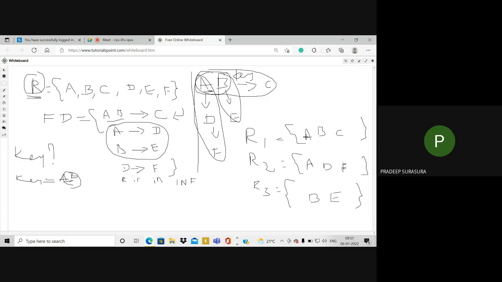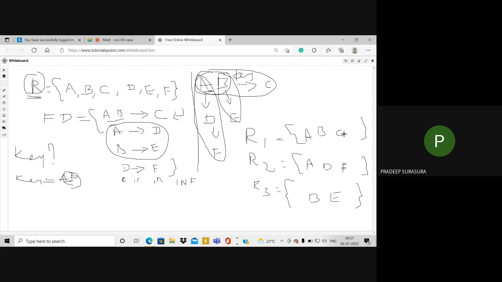So now what's next? Now I need to work on R1, R2, R3, not on R, because R is changed to R1, R2, R3 by applying second normal form. Now please see, in all these tables you have one or the other relation.